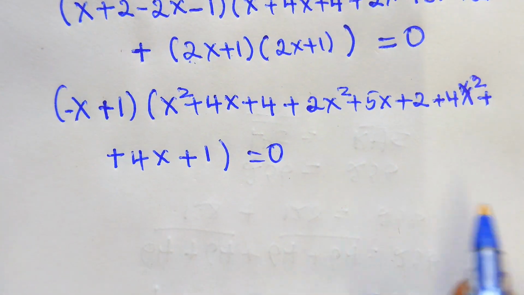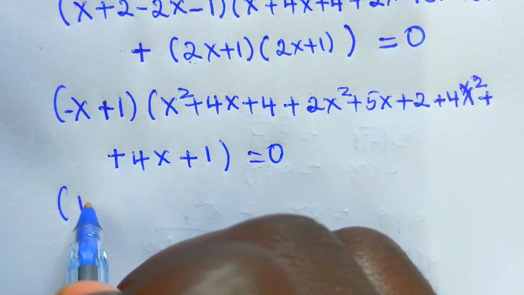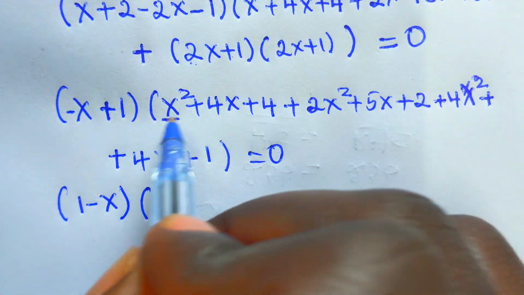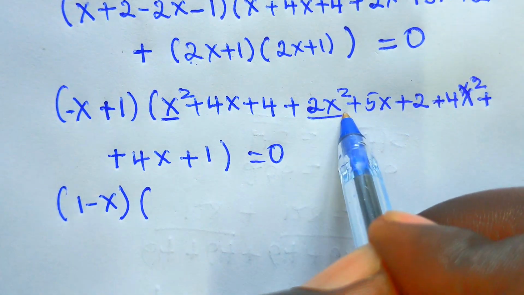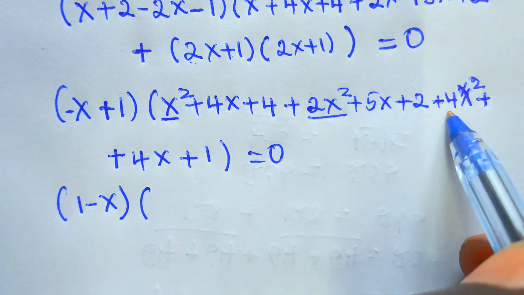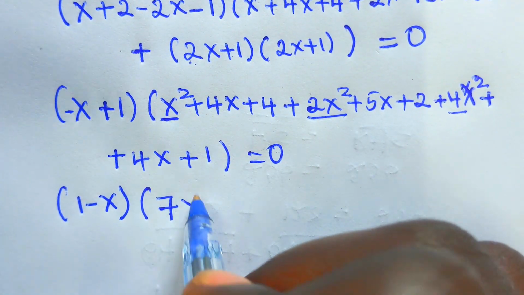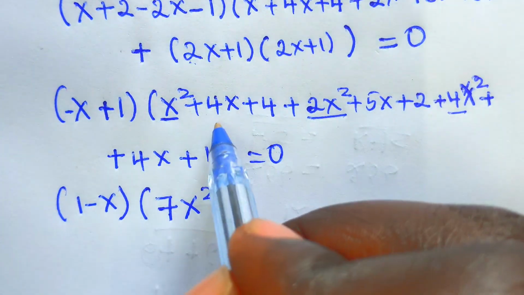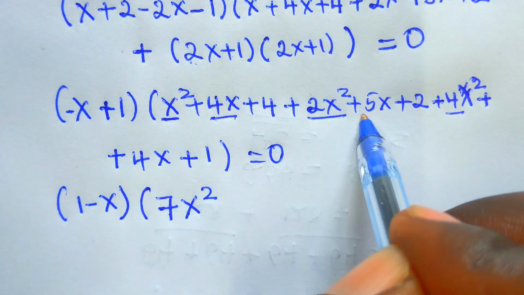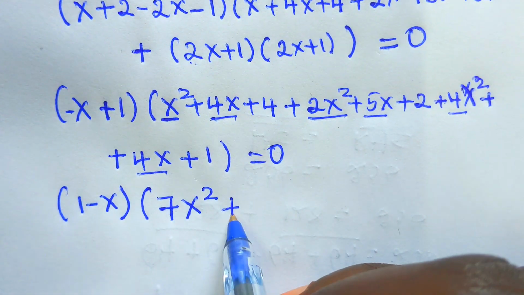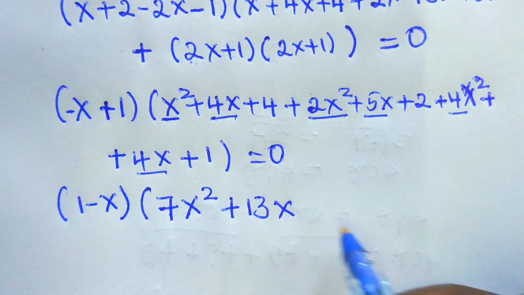Then of course you have (1 - x) times: we have x^2, we have 2x^2, and of course we have 4^2, so we shall get 7x^2. We have 4x, here will be 9x, and this one will be plus 13x.